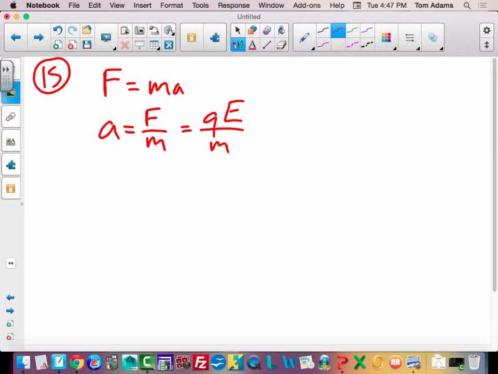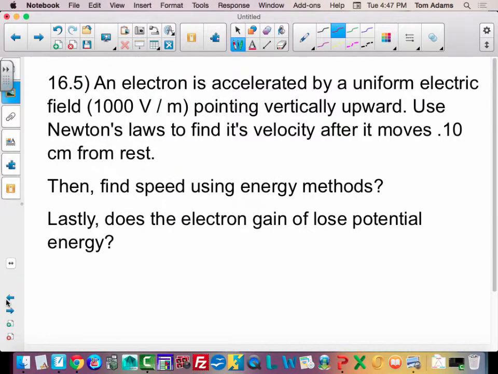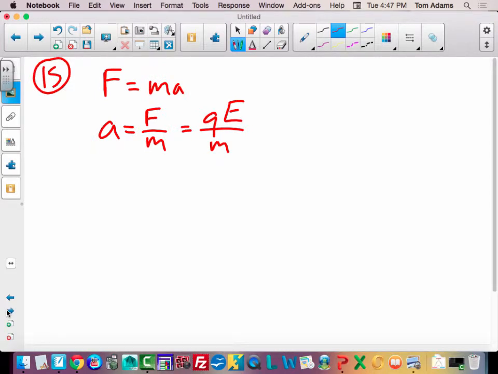Also, because the first part of the question says to use Newton's laws, that means we're going to use kinematic laws. We're being asked to find a velocity, and it starts from rest. The kinematic equation I'm going to try is the final velocity squared is equal to the initial velocity squared plus 2 times the acceleration times x, and you could think of that as delta x, the displacement.